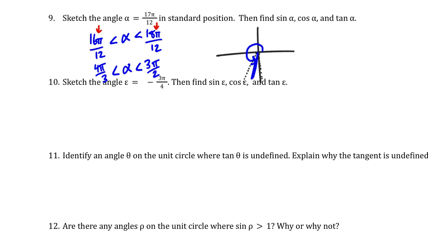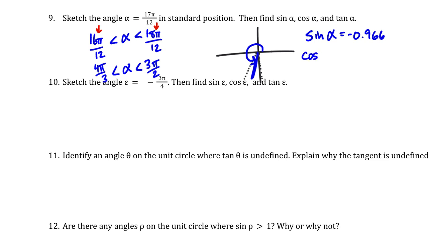looks like that. Now, we can't do the sine, cosine, and tangent of this angle directly from the unit circle because it's not a unit circle angle. So we're going to have to use our calculator for this one. Make sure your calculator is in radians this time. And so that's going to give us that sine of alpha is about negative 0.96966, I'll say.